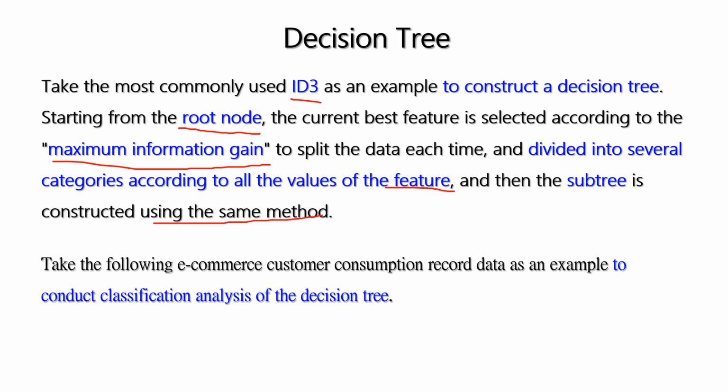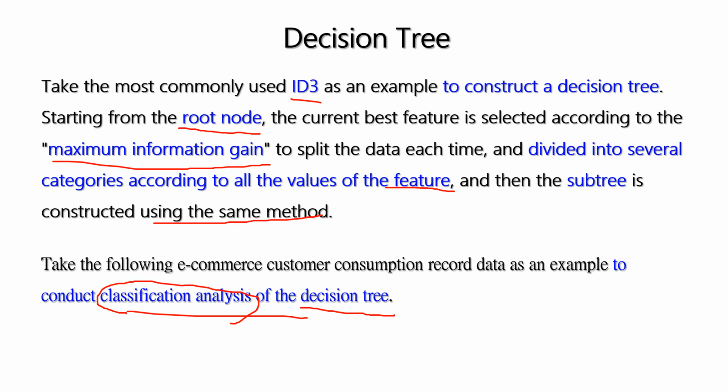And take the following e-commerce customer consumption record data as an example to conduct the classification analysis of the decision tree. Okay, this is the second method about classification, okay? And the tool is a decision tree.